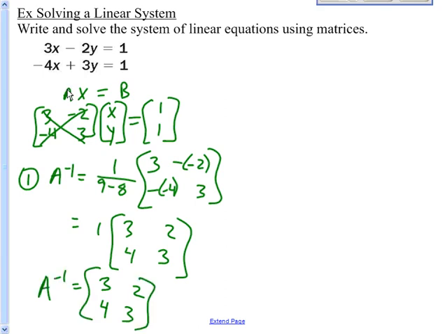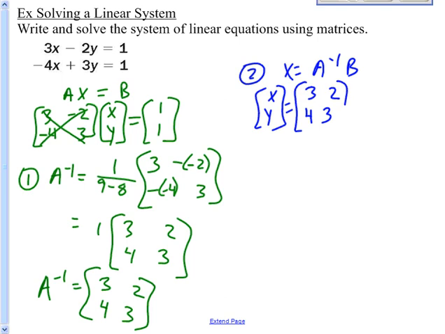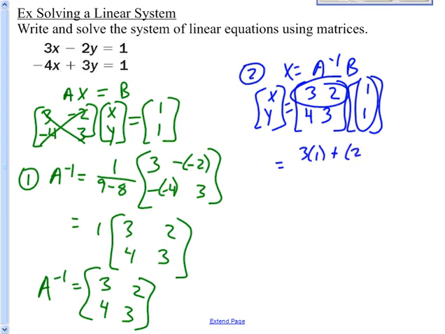Now we say X is A inverse B. So the matrix of variables is A inverse, 3, 2, 4, 3, times matrix B, which is 1, 1. And then we go to town. 3 times 1 plus 2 times 1.